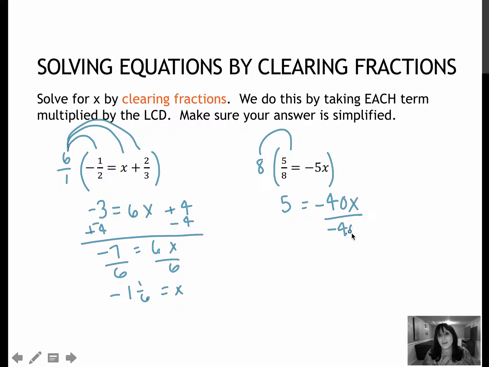I'm going to divide by -40. Instead of dividing and finding a decimal, I'm going to reduce. I can reduce by dividing the top by 5 to get 1, and the bottom by 5 to get 8. And of course, again, that's a negative, so -1/8. And that was the same answer that we had before.